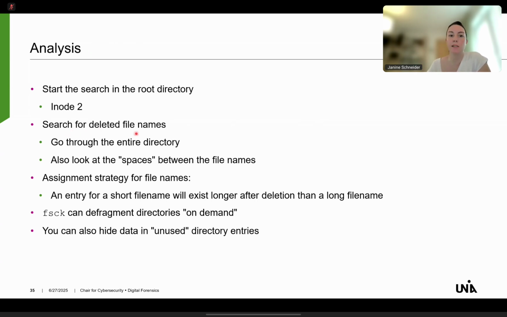If you want to search for deleted file names, you could go through the entire directory and all the directory entries and look for spaces between the file names in order to find residual data of file names that have been deleted in the past.